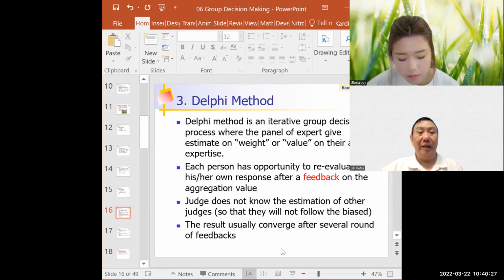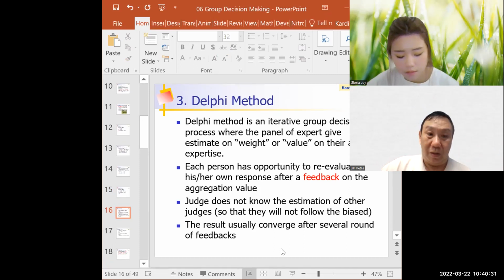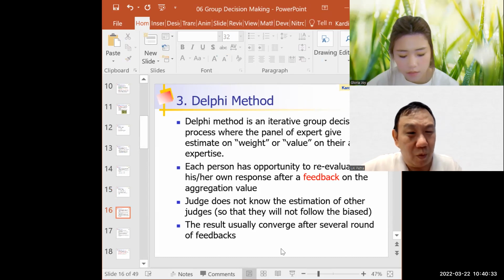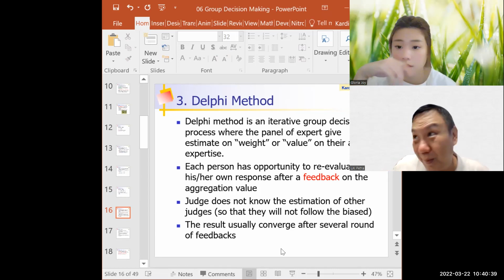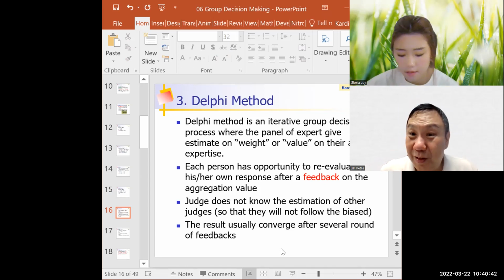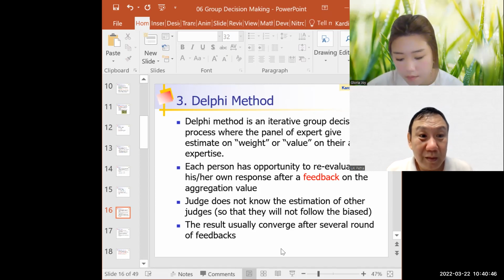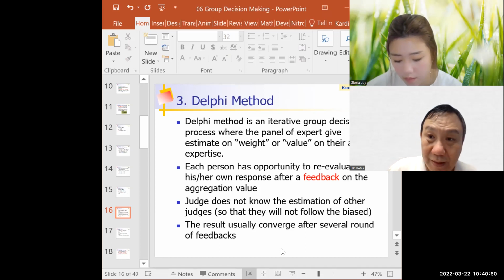So there is a method that is very well known and has been used widely since about 2,000 years ago, probably more. The Delphi method is an iterative group decision process.